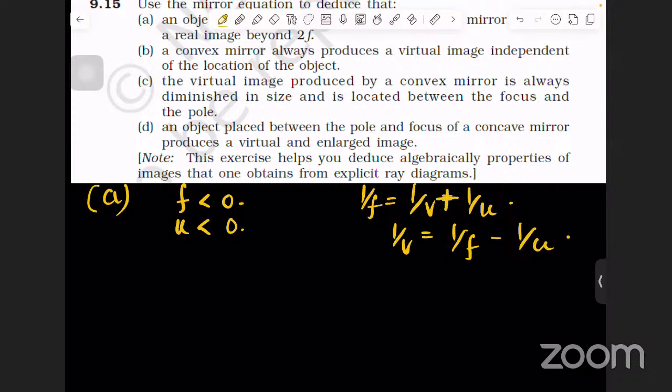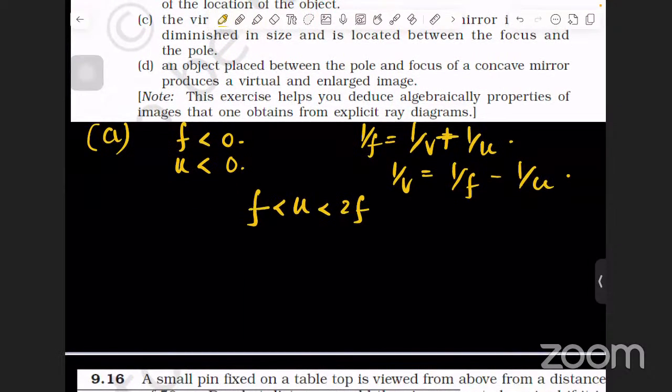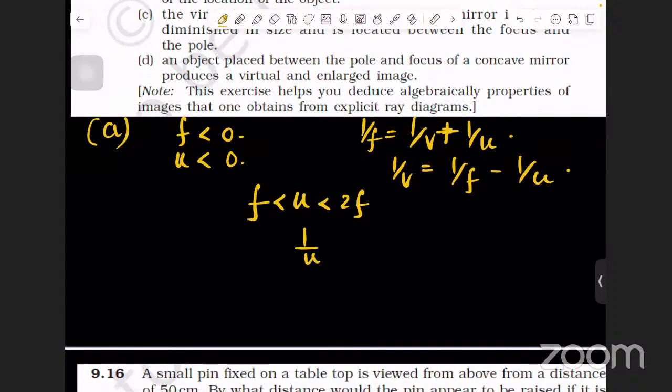Now, for a real object, which is on the left side of the mirror, u is given to be between f and 2f. The object is kept between f and 2f. So if we take the inverse, this inequality sign would change.